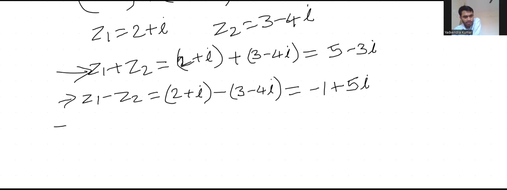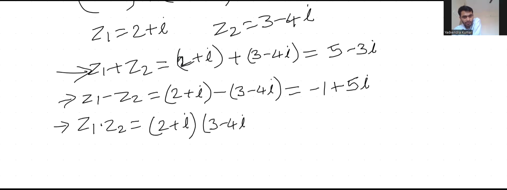Now come to multiplication, z1 into z2. That is going to be 2 plus iota into 3 minus 4 iota. Multiply as it is: 2 into 3, 6, minus 2 fours are 8 iota, then plus 3 iota, and then minus 4 iota square. Now, what is the definition of iota?